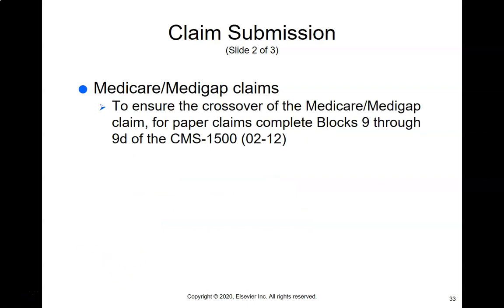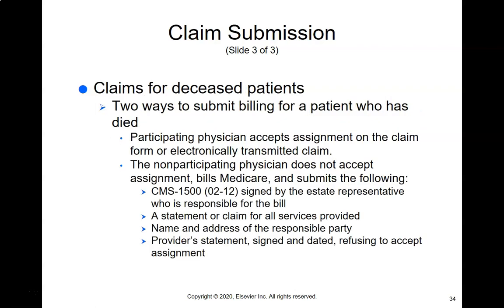With your Medicare and Medigap claims, to ensure the crossover of Medicare and Medigap claims for paper claims, complete blocks 9 through 9D on the CMS-1500. Claims for deceased patients. Nothing can be done about the open balance on the account until the estate is settled, and then Medicare will pay.